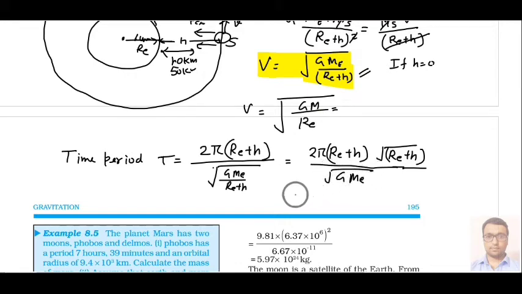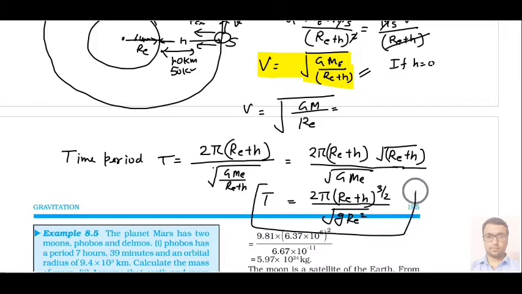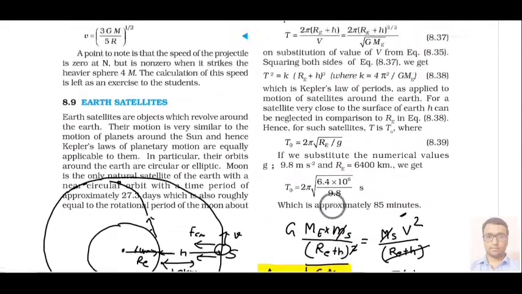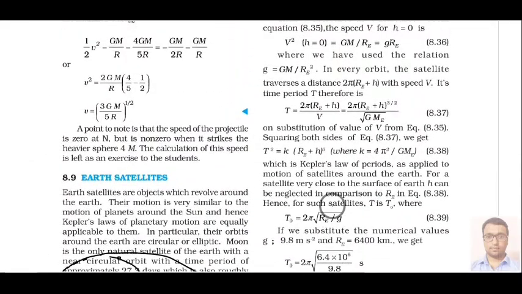And we know that this becomes (Re + h) whole power 3 by 2, and this GMe is known as gRe square also. So this is the expression for the time period of any satellite. Here you can see in your NCERT book also the same expression has been derived.